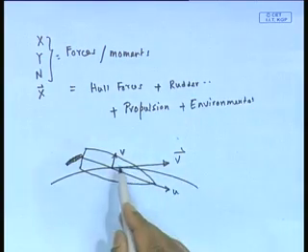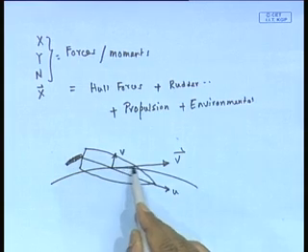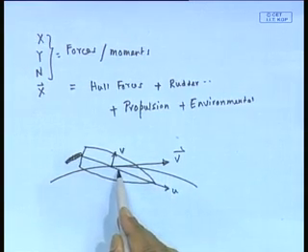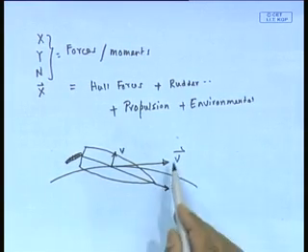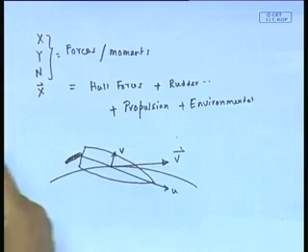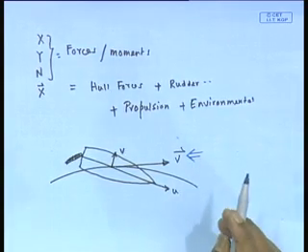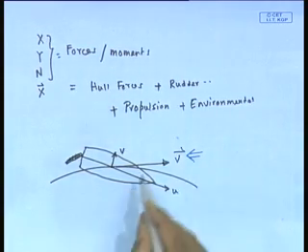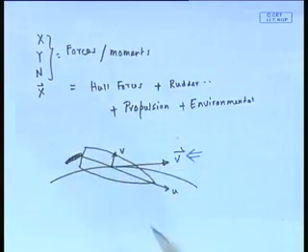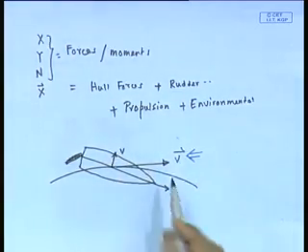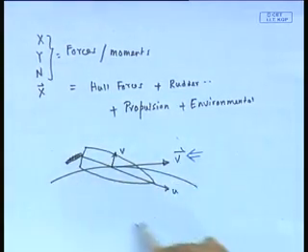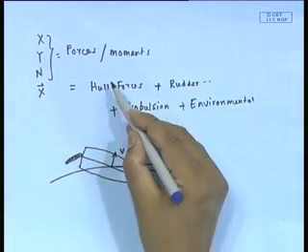Why? Because this hull is going in this direction, whereas it is oriented here. So the flow is coming like that to it. It is not really collinear with the center line. So, that will give you some force on the hull and moment. So, I call this the hull forces.